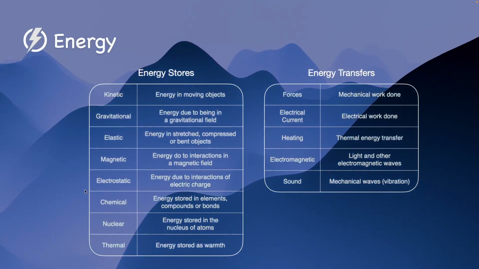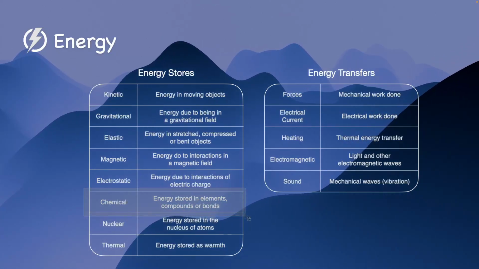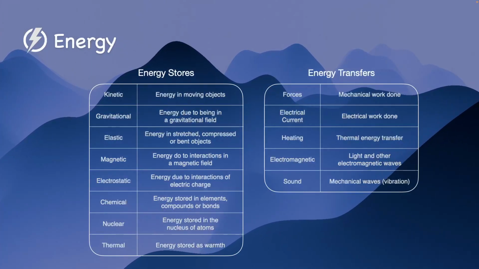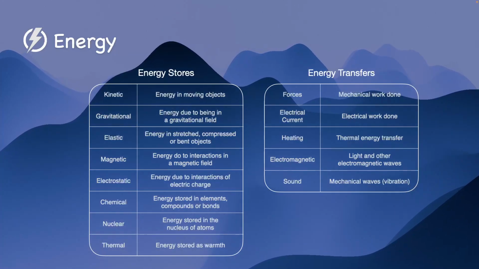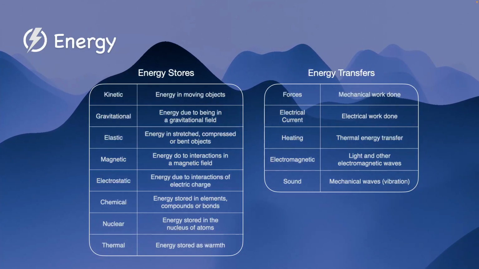The same applies to chemical energy, which is the energy stored in elements, bonds, or compounds, which means if there are some chemical ingredients that have the potential to react with each other, they have energy which they might give out, for example, by using an exothermic reaction.